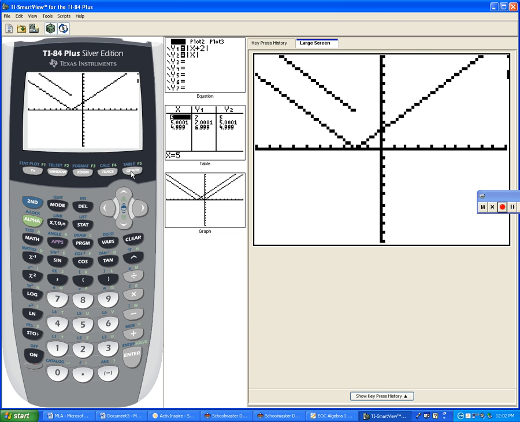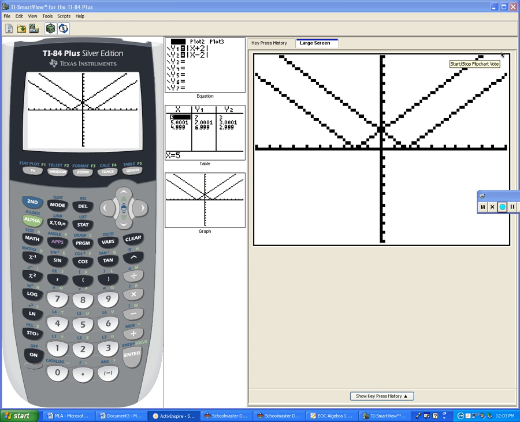Okay, so there's y equals the absolute value of x plus 2, there's y equals the absolute value of x minus 2. How are those two graphs different? They're on the opposite side. Shifts left. Okay? So we're going to write that down for the next answer there.